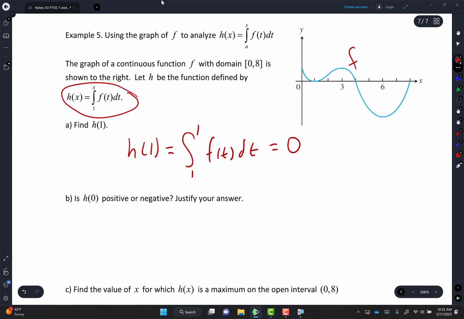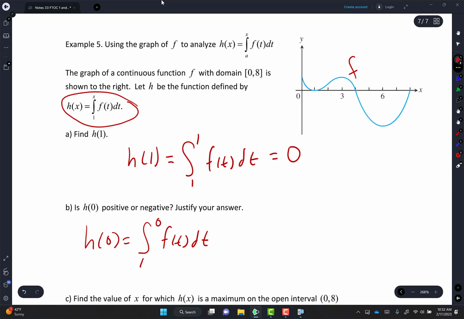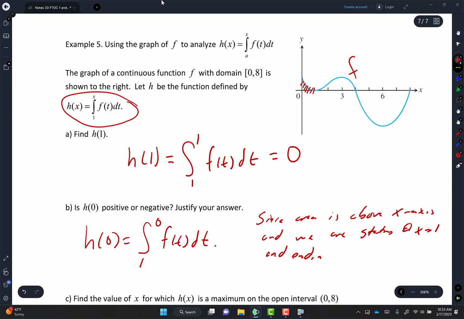All right. Next one, letter B. Is h of 0 positive or negative? Well, I don't know. Let's see. H of 0 equals the integral from 1 to 0 of f of t dt. It's negative. Why is it negative? You're counting backwards. You're going to say, since area is above the x-axis and we are starting at x equals 1 and ending at x equals 0, h of 0 is negative.